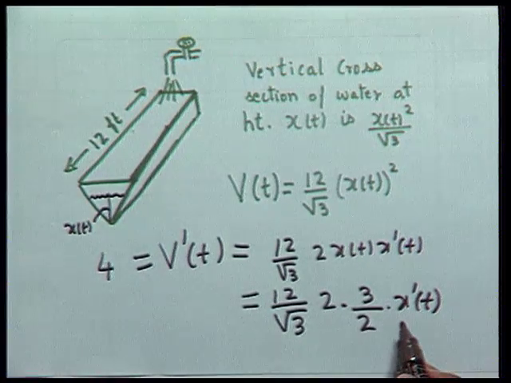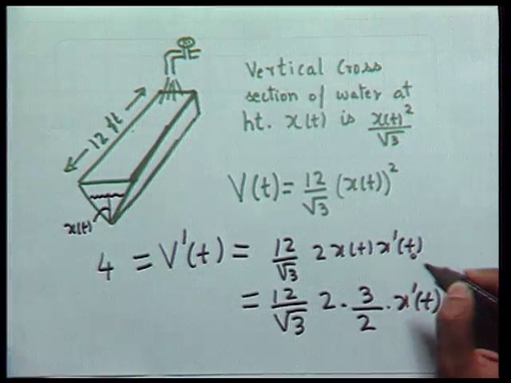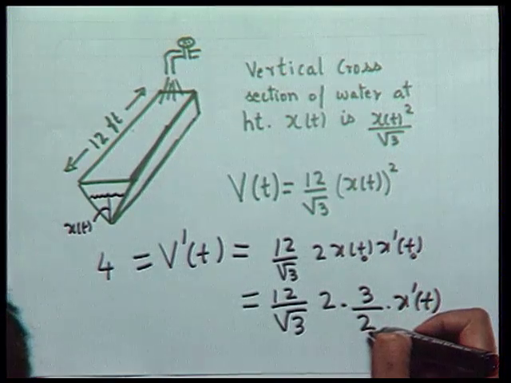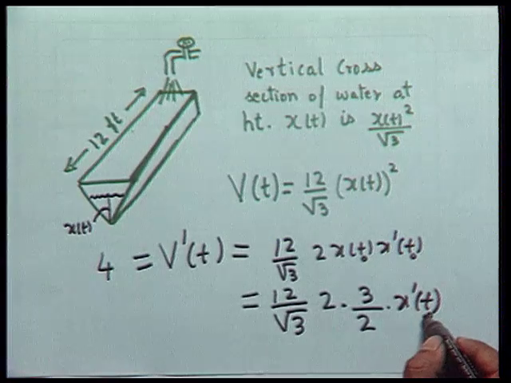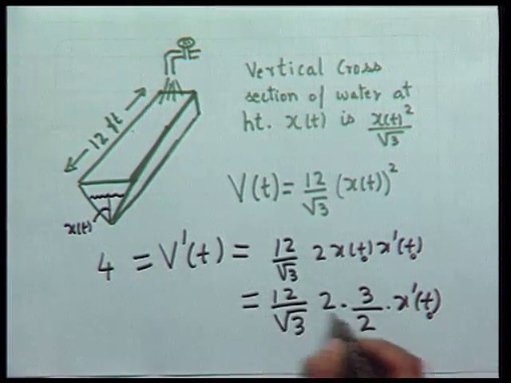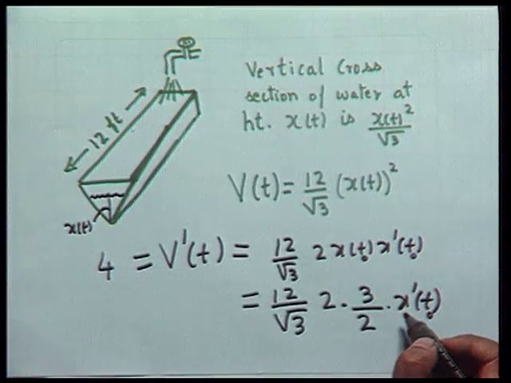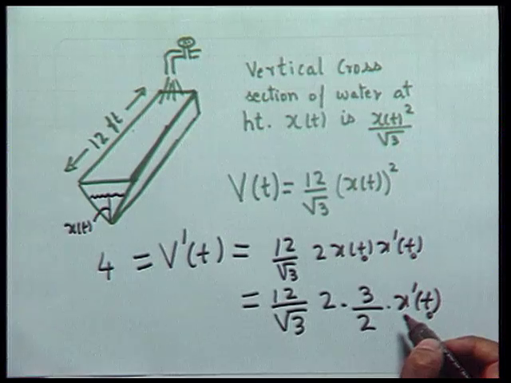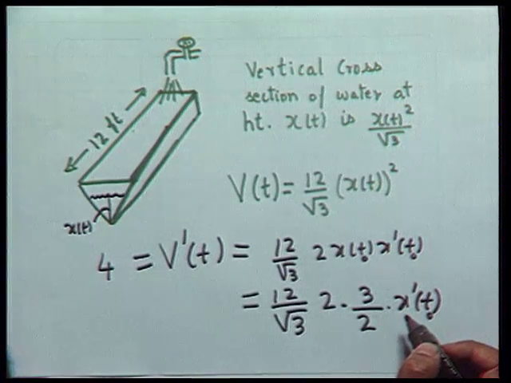If t naught, for instance, was the instant of time when x(t naught) was 3 by 2, then x prime t naught can be easily evaluated from here. Just take this to the left hand side by inverting it, and you will find x prime t naught, and that gives you the rate at which the water level is rising when the water has reached a depth of 1.5 feet.